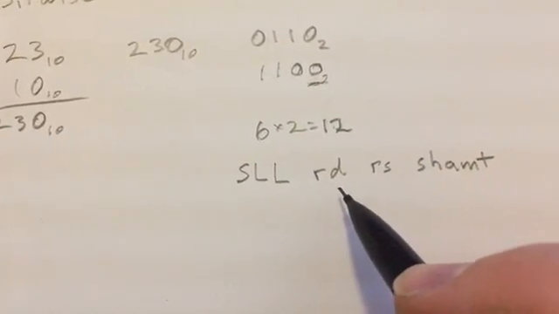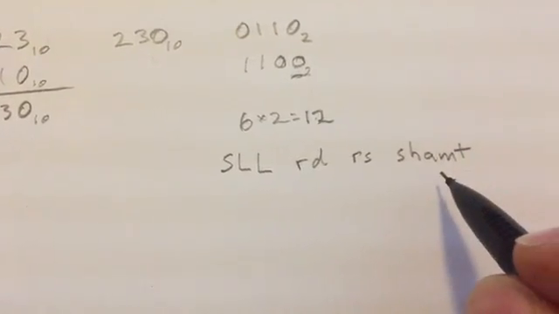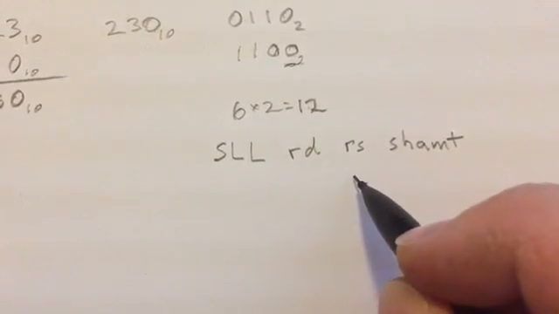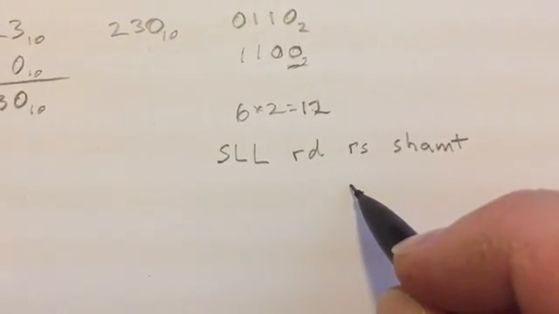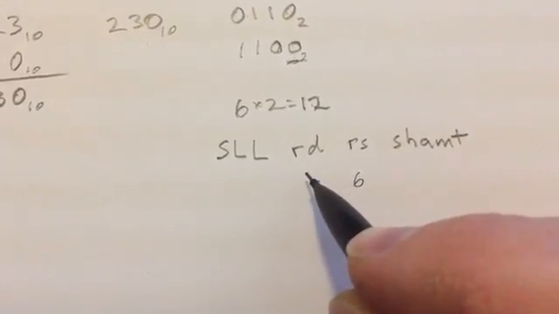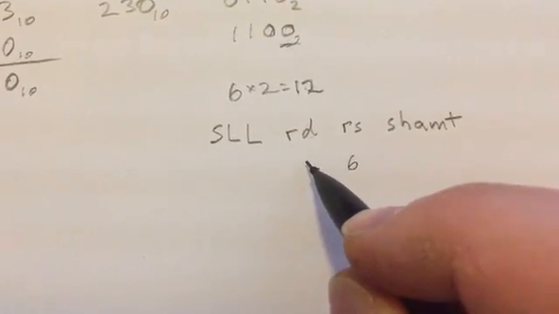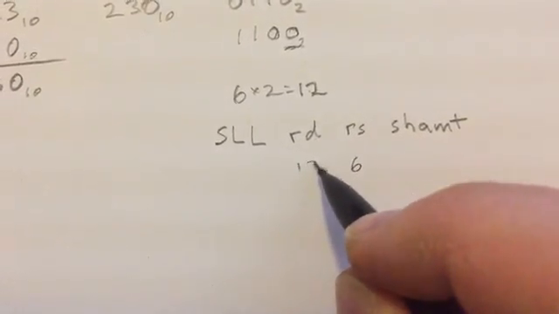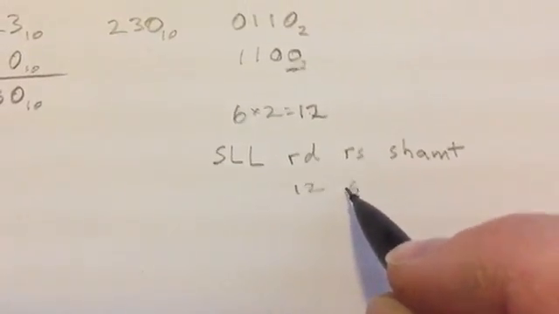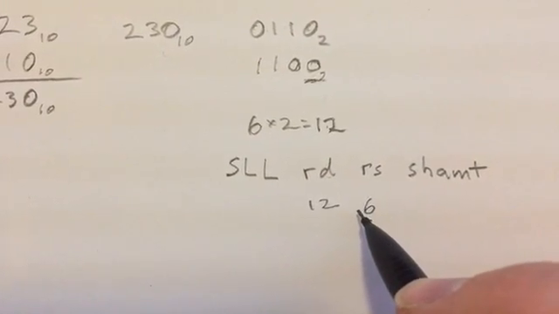So when the value of your source register is 6, the target register, or destination register, will take on 12. And that's how you shift left to multiply.